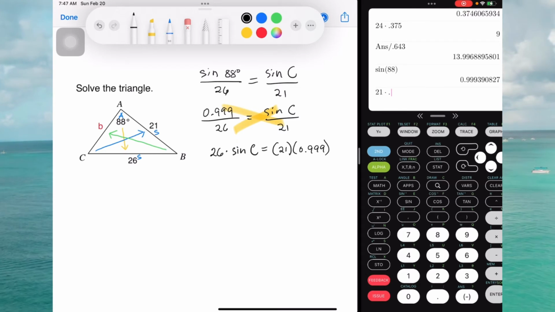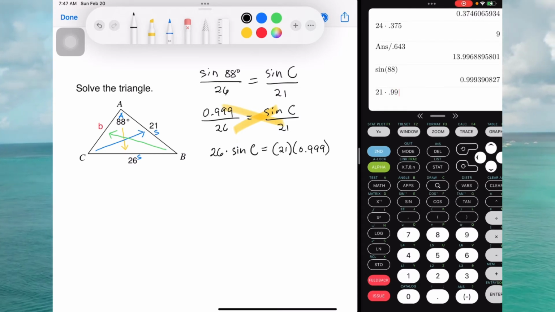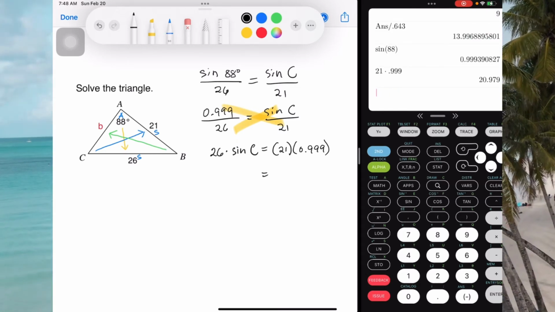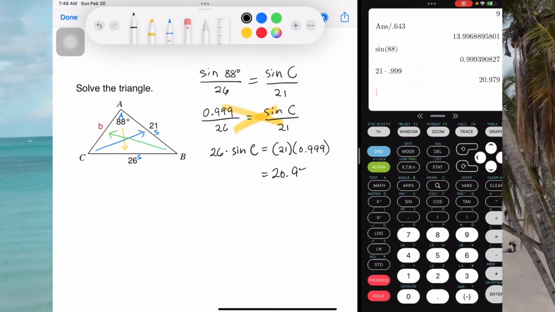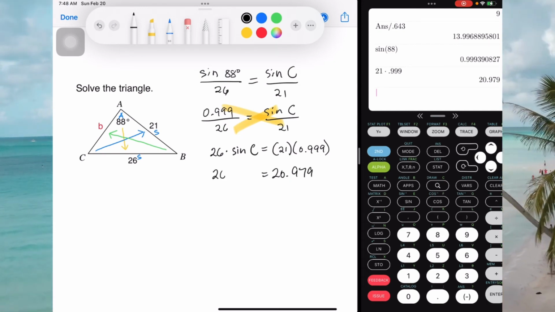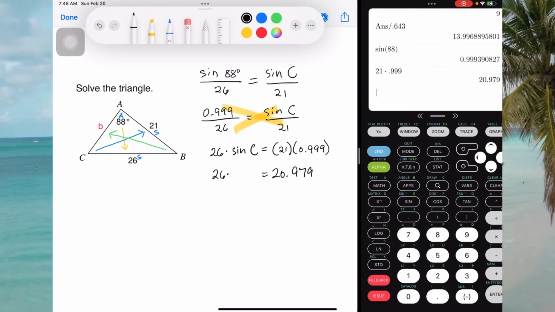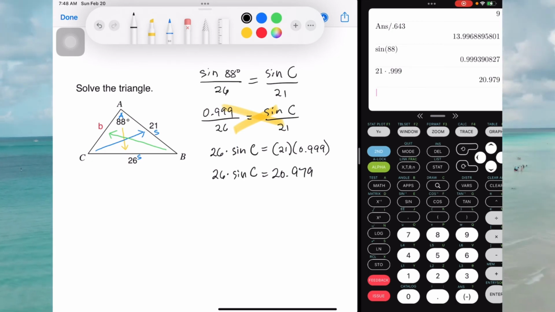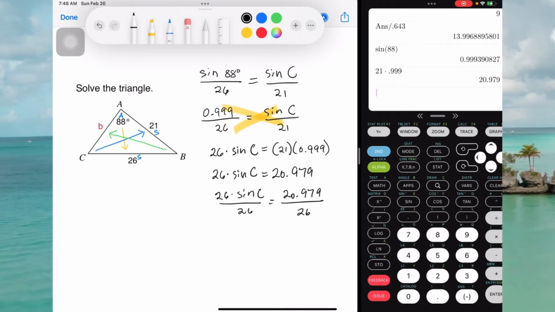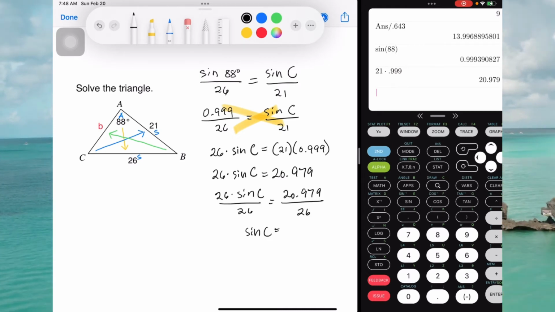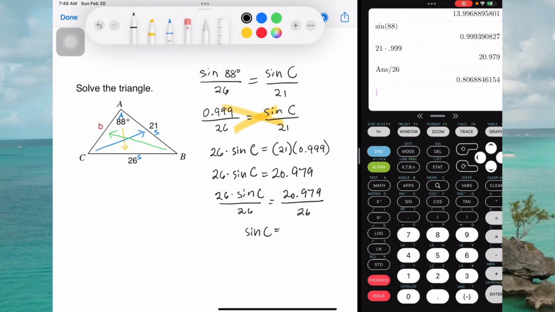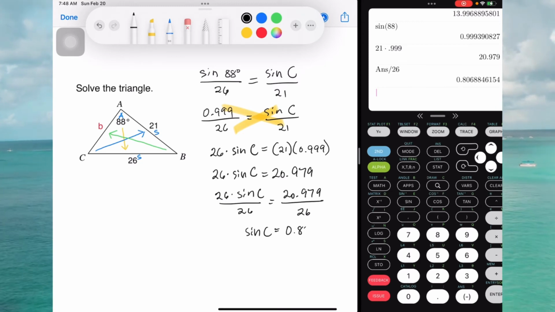The product of 21 and 0.999 is 20.979, keeping the left side of the equation as 26 sine C. Then dividing both sides by 26, sine C is equal to, rounded to the nearest thousandth, 0.807.